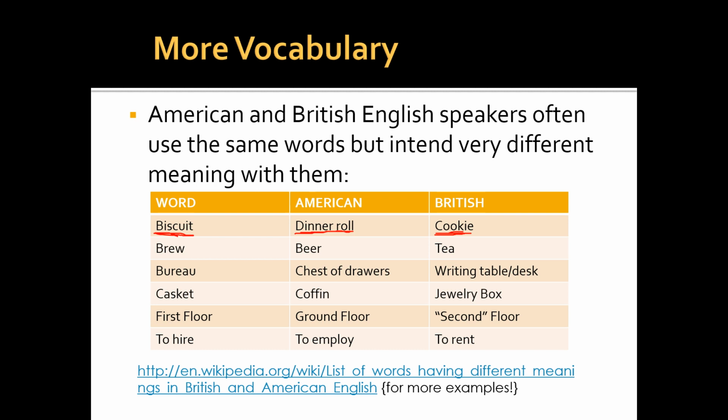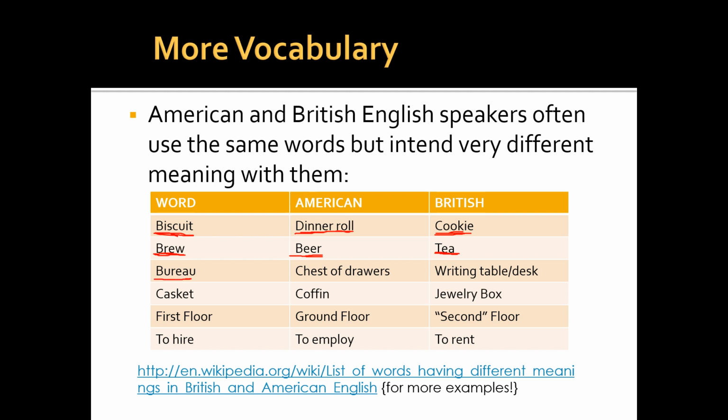Then the word is brew, but the Americans changed it to beer, whereas the Britishers changed it to tea. See, we're not talking about the Americans or the Britishers, we're talking about the difference between American and British English. Keep that in mind, learn it. This is really, really important.